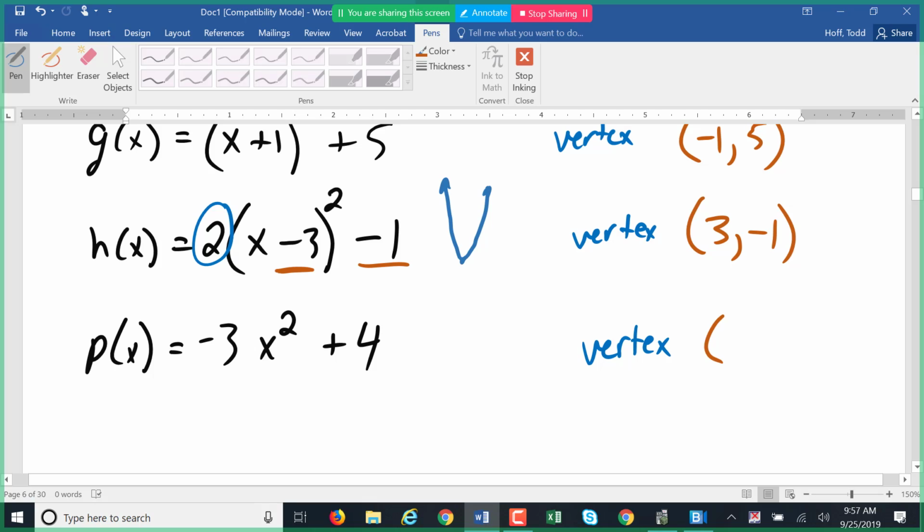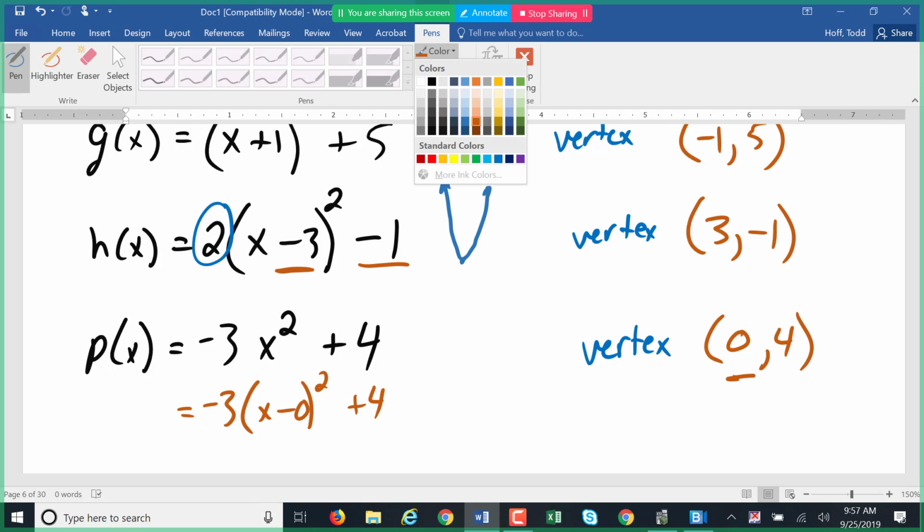Careful. The positive 4 is correct. There you go. Yeah, it's a little confusing because there's nothing with the x there. Technically, you think of that as -3 times (x minus 0) squared. So good job. That's 0, 4.